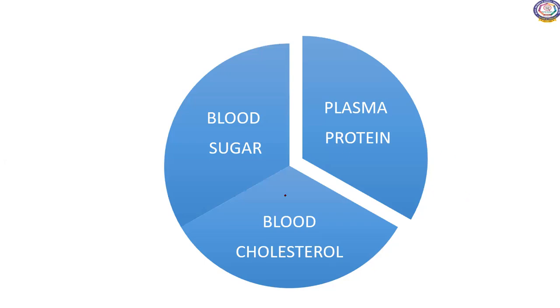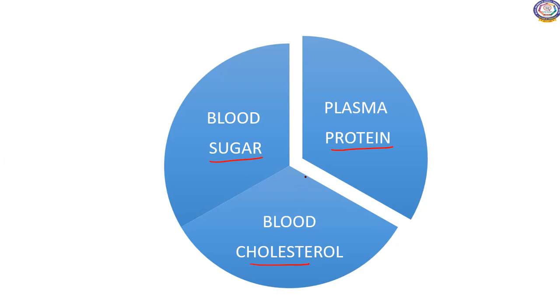In the blood plasma, what are the various compositions? We saw not the solid materials, 8 percentage. So the sugar, we are going to see all these three things in detail: blood sugar, plasma protein. Where is the blood sugar? In plasma only. And blood cholesterol also, where is it? In the plasma.